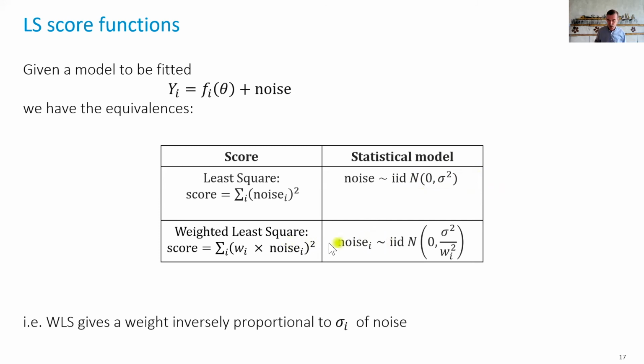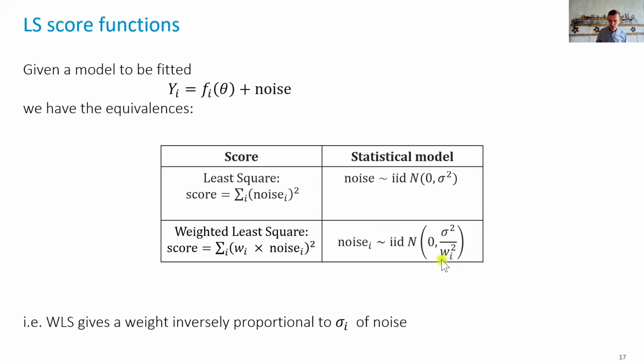So very often it's better to try to put weights like model 2 was doing. Model 2 says that the noise term is proportional to the theoretical value. So this is the same as saying that there is some noise here, Wi, that the variance of the noise is not the same, but depends on some weight here.